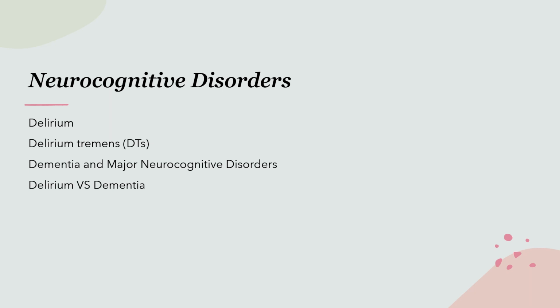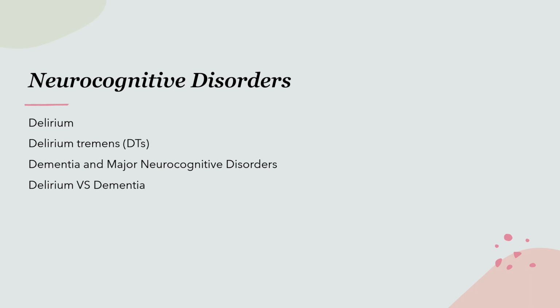So there's a couple of different neurocognitive disorders. There's delirium tremens, also known as DTs, dementia, and others. And then we need to talk about some of the differences. DTs, delirium tremens, is a rapid onset of irritability, confusion, tremors, nausea, vomiting, and seizures.